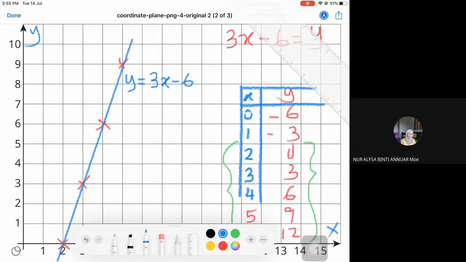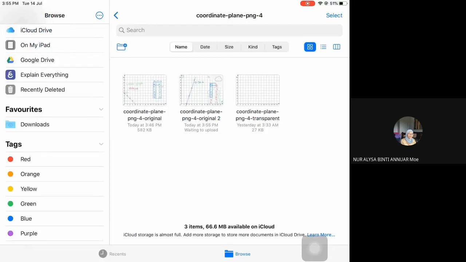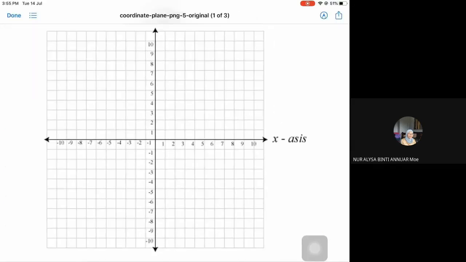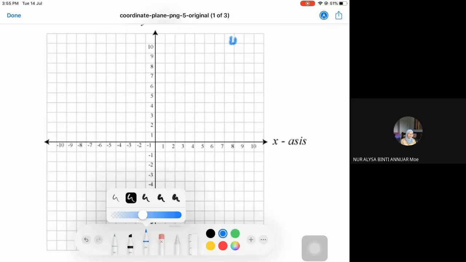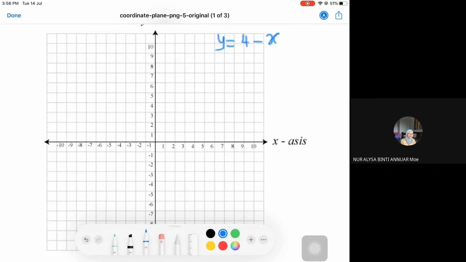Okey, yang ni dah siap dah graf yang ni. So now sekarang cikgu ada yang besar sikit lah. Okay, so katalah kita ada Y equals to 4 minus 2x.